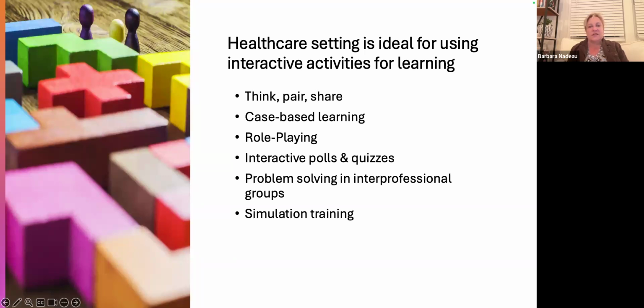Interactive polls and quizzes like I'm using tonight that you guys have done a couple of already. For that, I'm using something called Slido, and that is an app you can put directly into PowerPoint, and then it's just there on the side of your screen. You can build the slides right into your PowerPoint. It's so easy to use as a presenter, and I'm hoping that you're finding as an audience member, it's easy to use as well.